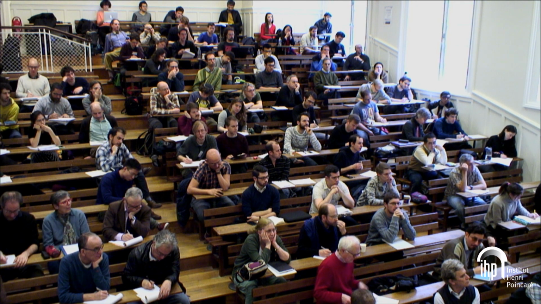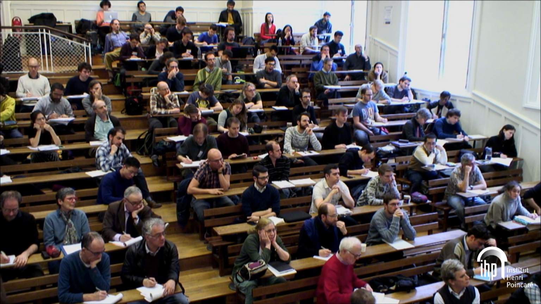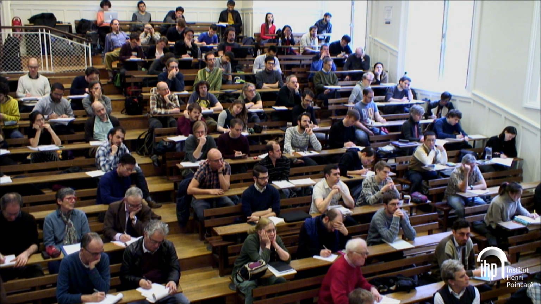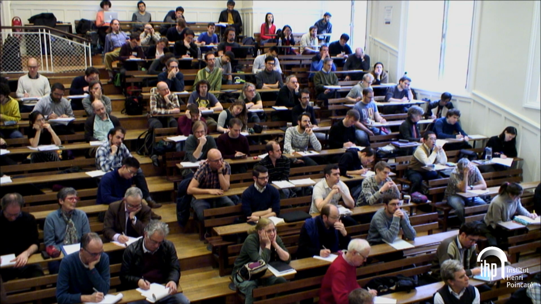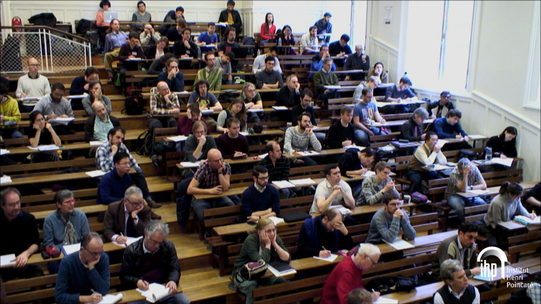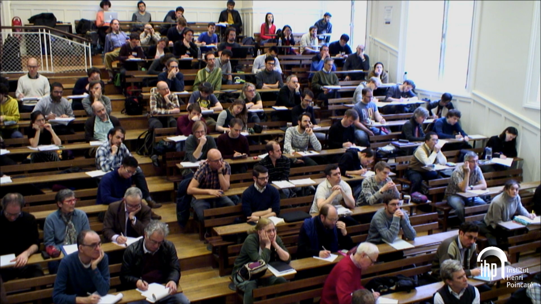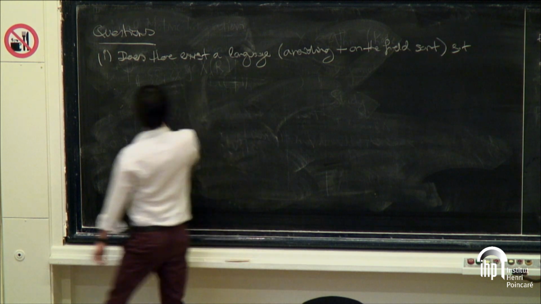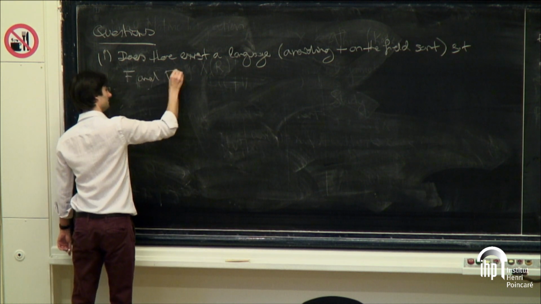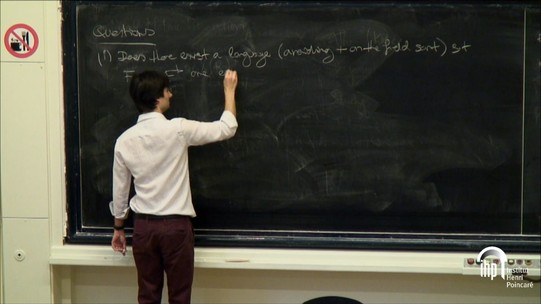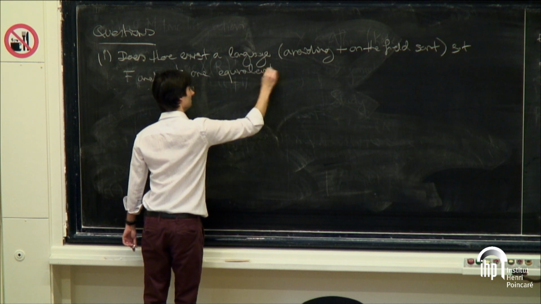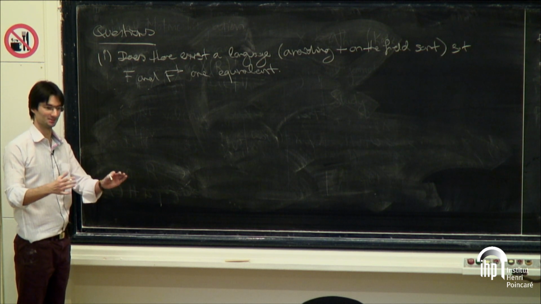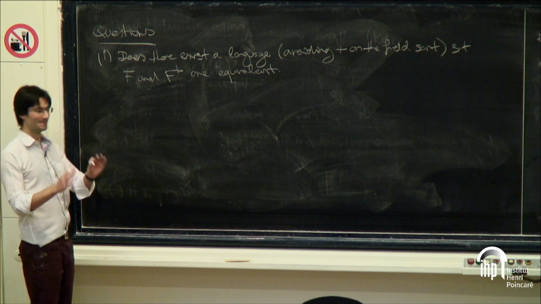And so, deliberately trying to be imprecise, does there exist a language, which somehow has to avoid addition on the field sort, such that F and its tilt are equivalent, where I deliberately don't add any adjectives to language or equivalent so that you can interpret it however you like, mainly just to save myself.